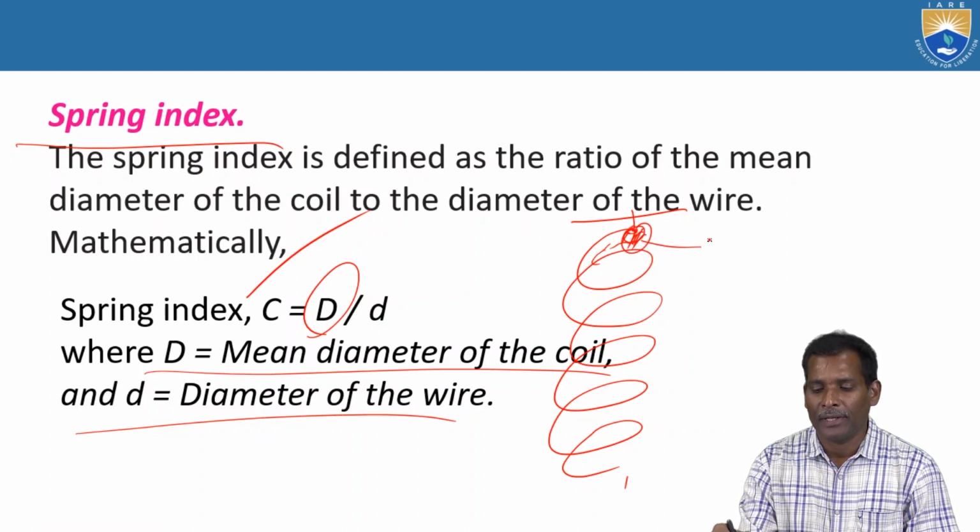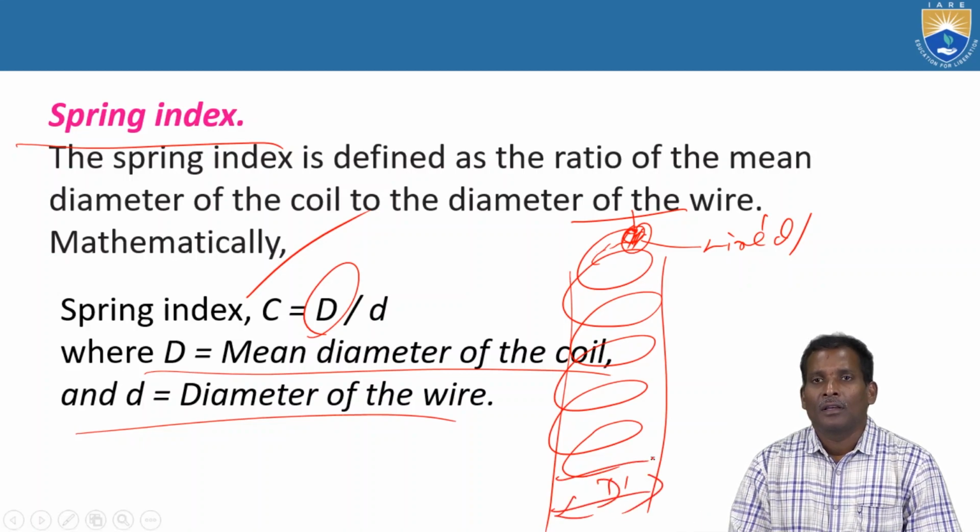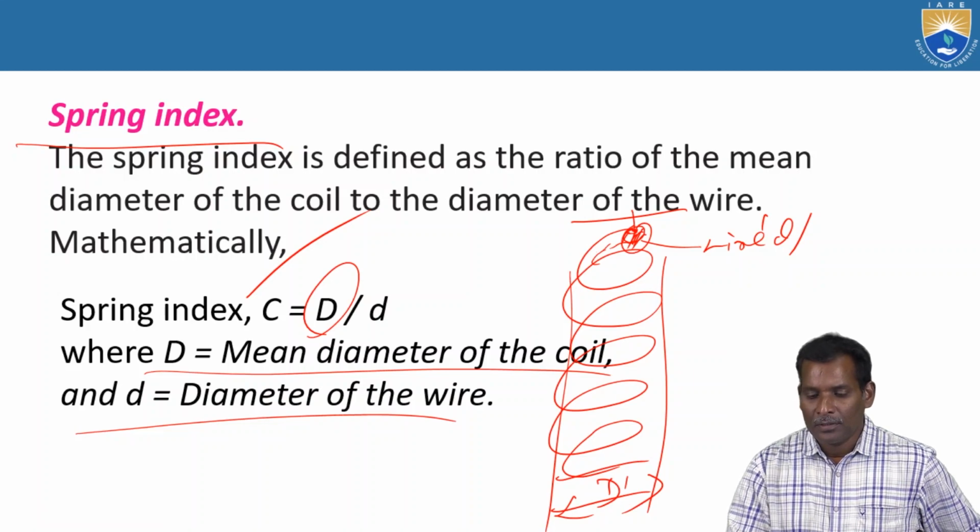This is the wire diameter d, and this is the mean coil diameter capital D. So take the ratio and we will get the spring index.